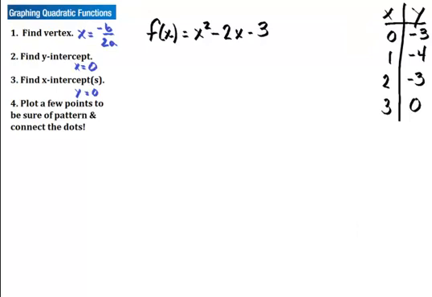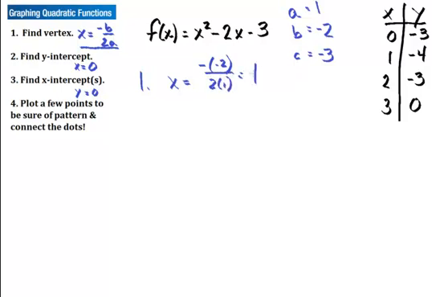All right, I've written a couple little pointers here. When you go to find the vertex, you can find the X point by just doing minus b over 2a. So let's look at that. A, B, C. So A is a 1, B is a negative 2, and C is a negative 3. So for the vertex, X equals minus a negative 2 over 2 times 1. So this is X equals 1.